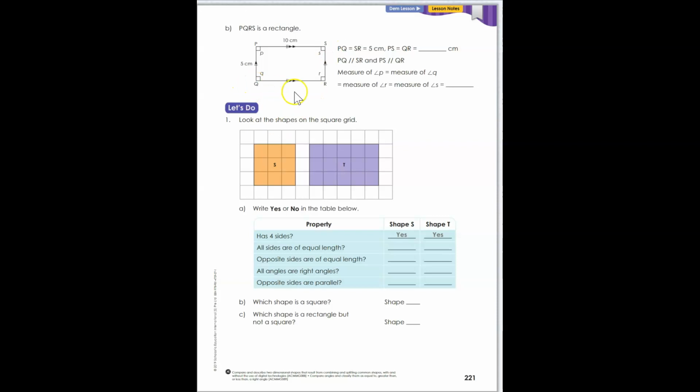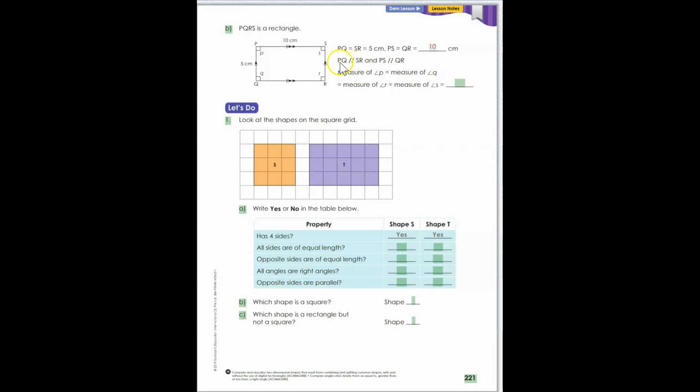All right. We should say that PS is 10 centimeters. Therefore, because that double line and that double line is there, QR must be 10 centimeters. I shall show you. There we go.